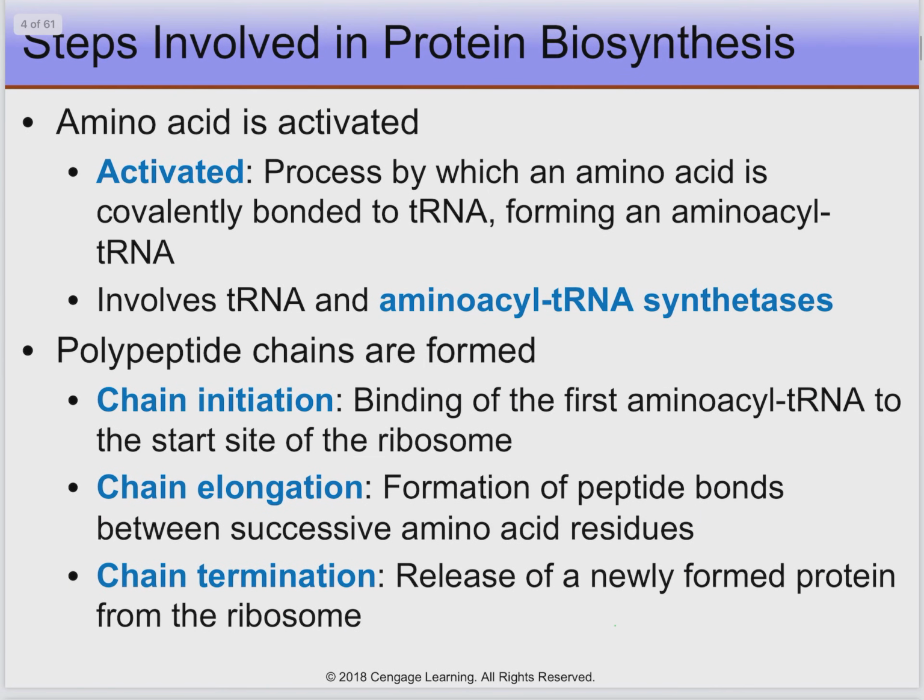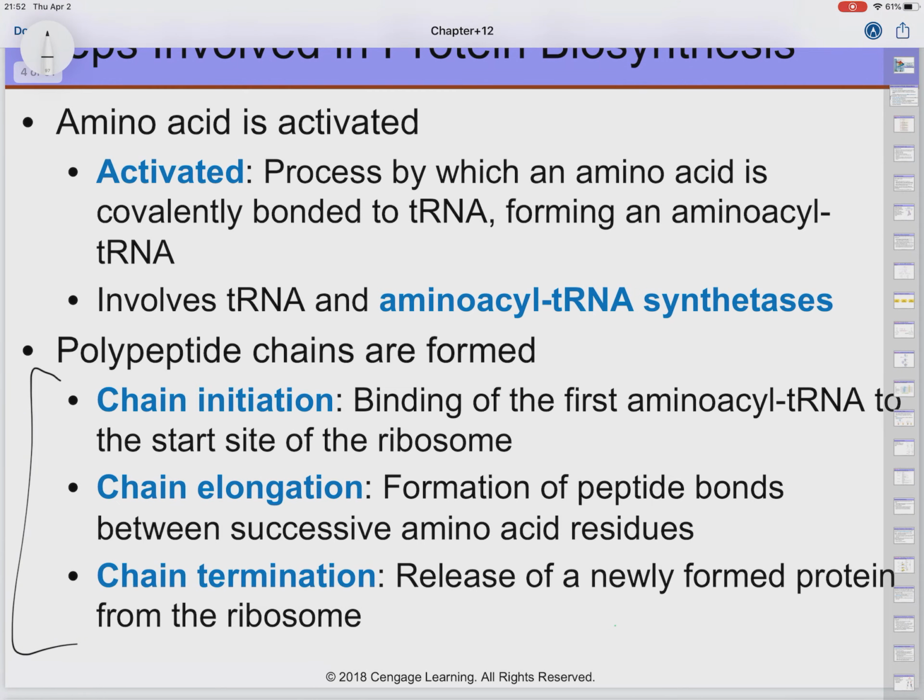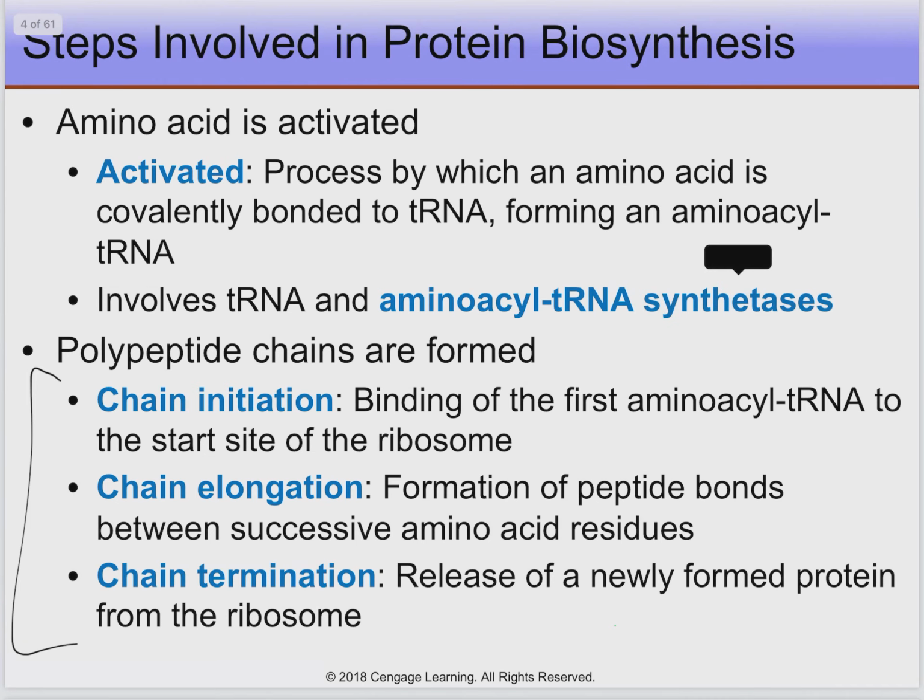So we're going to need to activate the amino acids. That's going to be the first thing we sort of spend time looking at before we get into these guys. We're going to look at how these amino acids are activated, and then before that, really, we're going to look at just the nature of the genetic code.